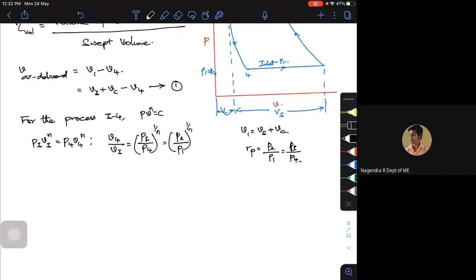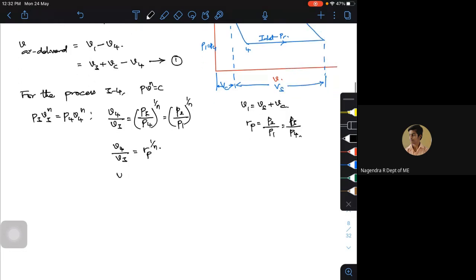I can write V4 by V3 is equal to Rp to the power of 1 by n, or V4 is equal to Rp to the power of 1 by n into V3. Let me call this equation number 2. So I'm going to substitute for this V4 from equation 2 in equation 1.